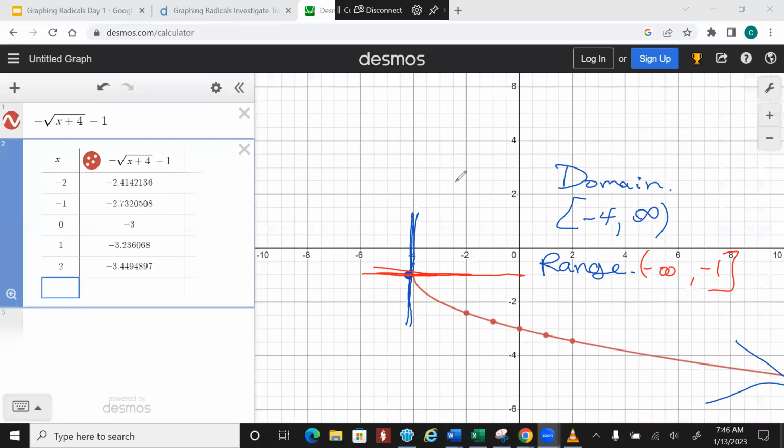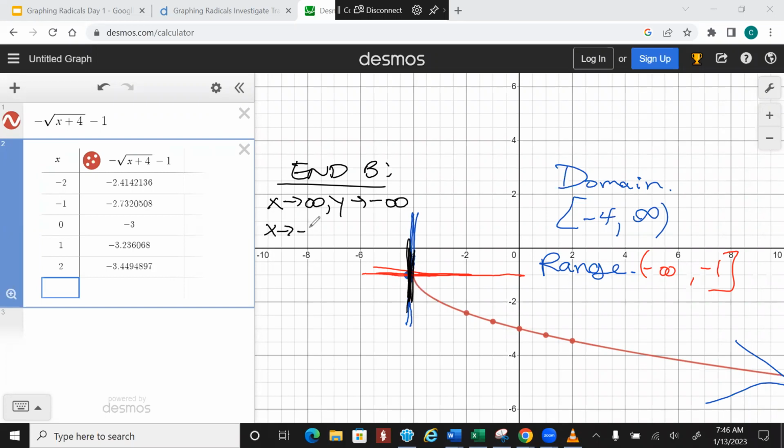So end behavior is when you're standing at 0, 0, and you're looking to the right, and you're asking yourself, is it going up or is it going down? Well, it's going down, right? Then we're going to look to the left. Well, the farthest left x value is -4.